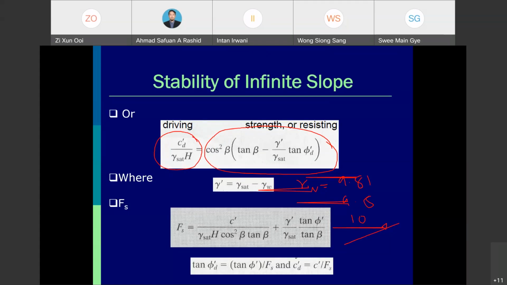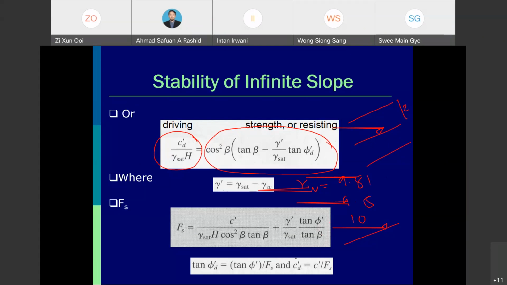So what happens in a situation where, for example, this is a slope and the groundwater level is located, for example, 2 meters below the slope surface, while this is the failure surface?